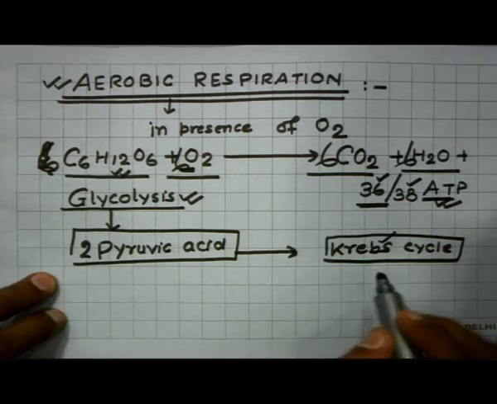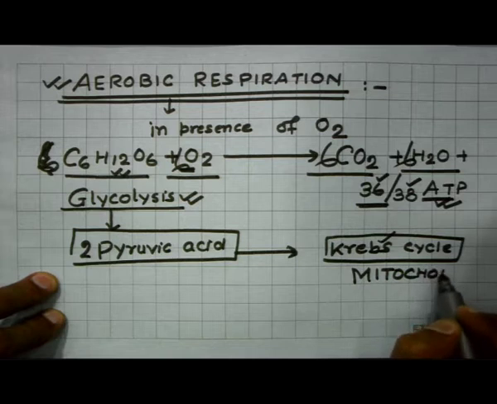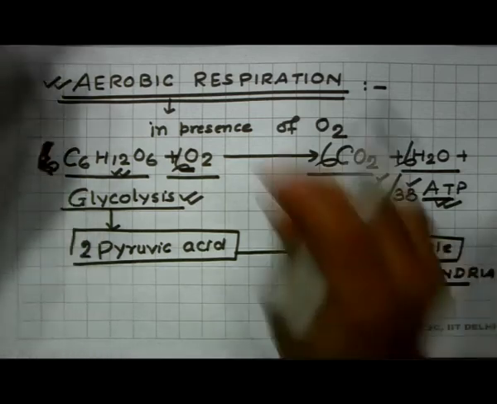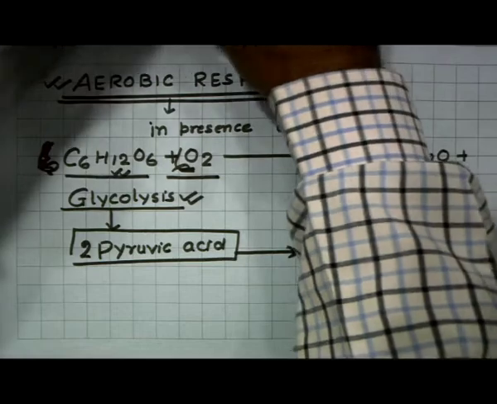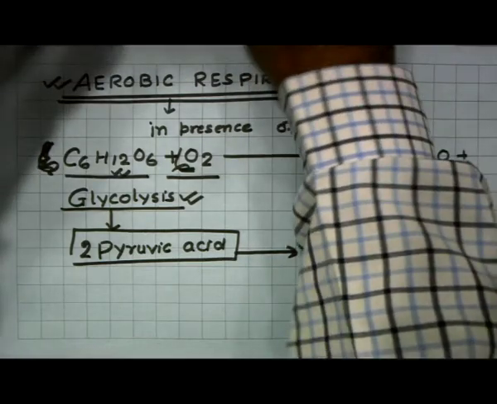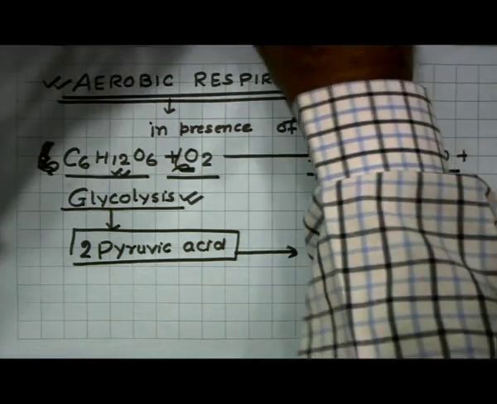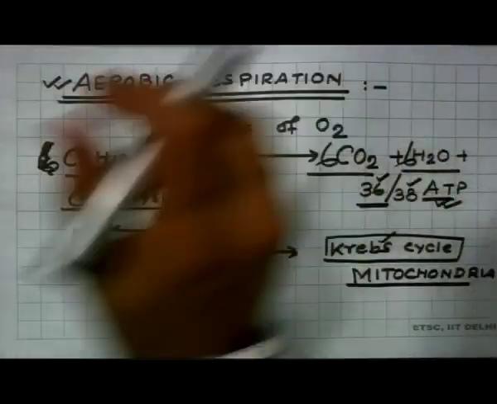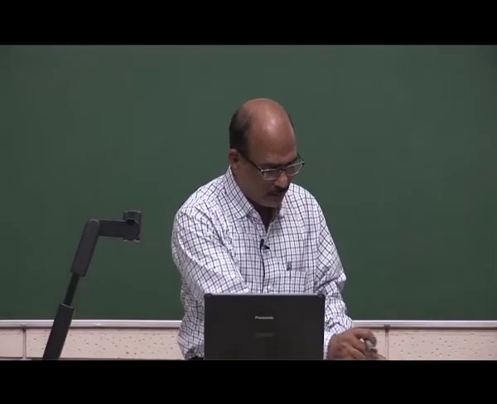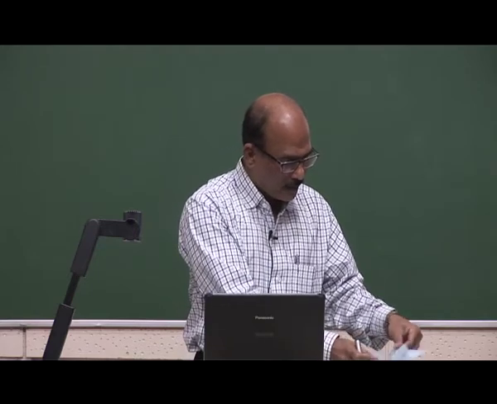This Krebs cycle takes place in the mitochondria, where all the enzymes of the cycle are present in the mitochondrial matrix, as well as their other steps in the mitochondrial membranes.